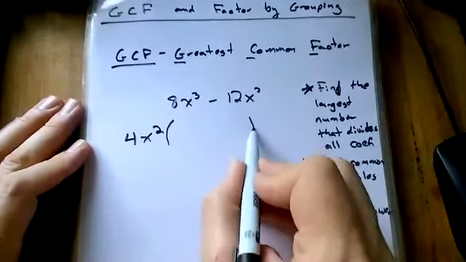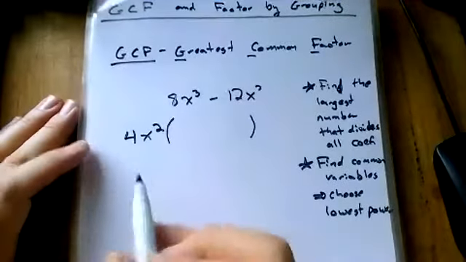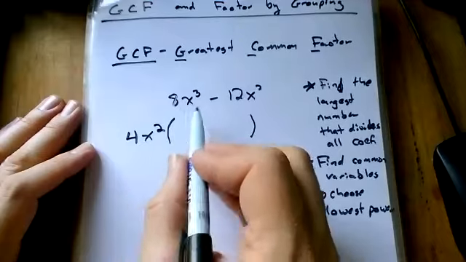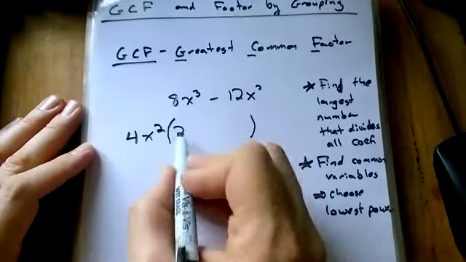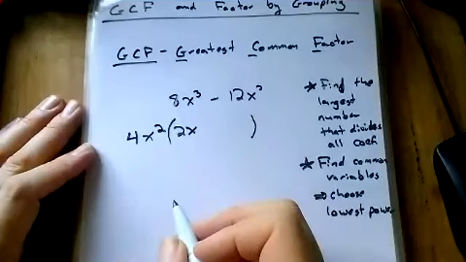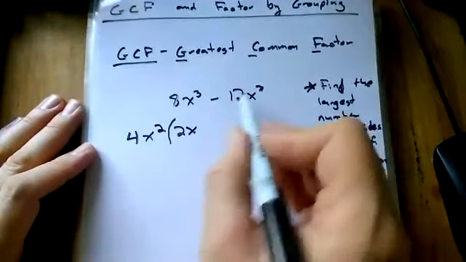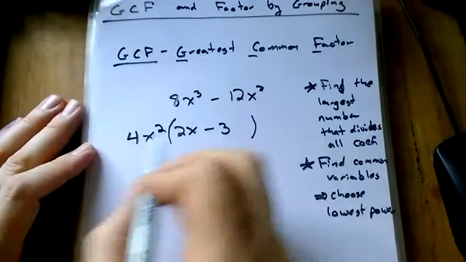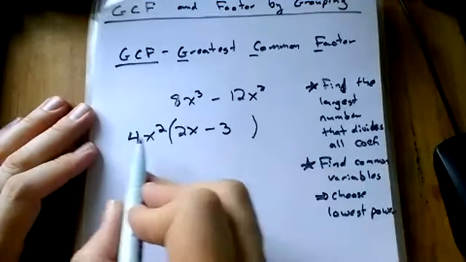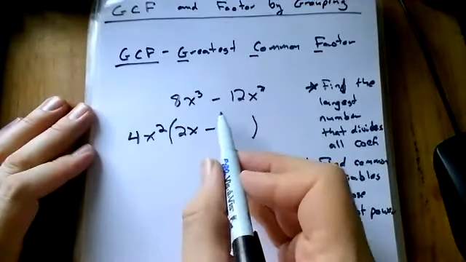And essentially what we're doing is we're dividing each of these things by that 4x squared. Or I might be saying 4x squared times what is going to be 8x cubed. Well, 4 times 2 is 8, and x squared times x is x cubed. 4 times 3 is 12, and if I don't have any other x here, minus 3 times that 4x squared would give me that minus 12x squared.